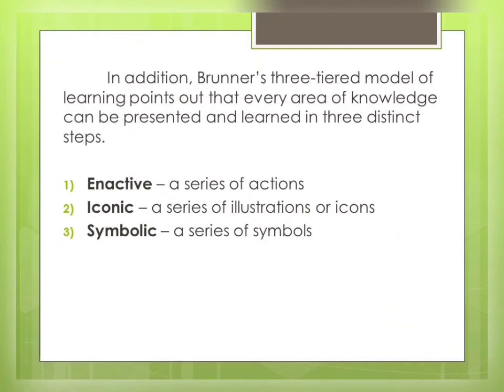In addition, Bruner's three-tiered model of learning points out that every area of knowledge can be presented and learned in three distinct steps. First step is enactive, which is a series of actions. Second, iconic, a series of illustrations or icons. And last is symbolic, a series of symbols.